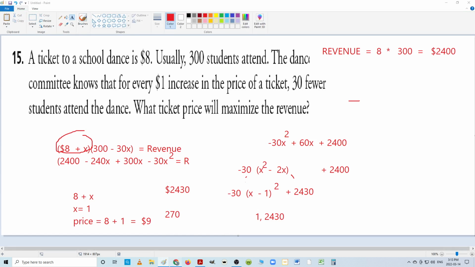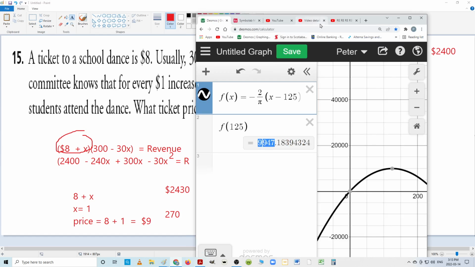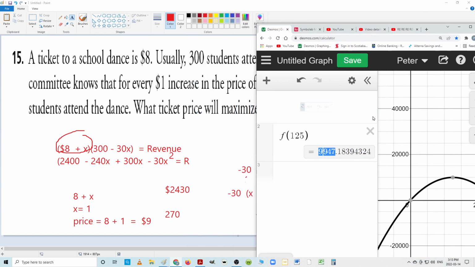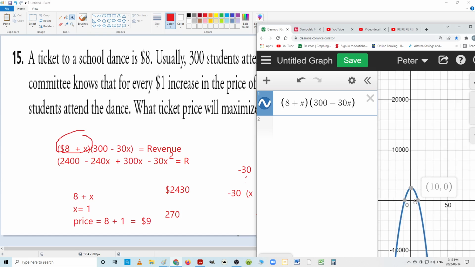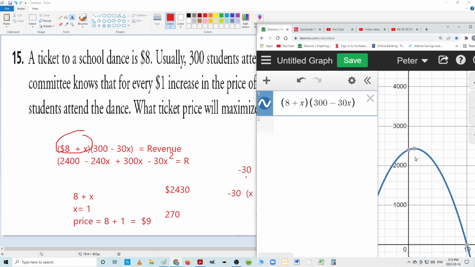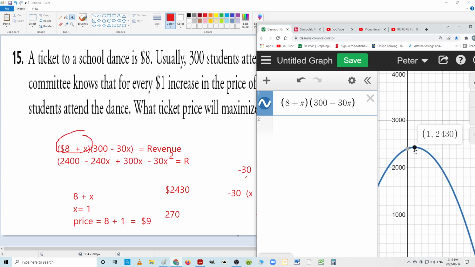Now what's interesting about this is when you put it into Desmos in the factored form that I came up with, 8 plus x, or rather the formula for changing things, you're going to get this parabola that has the exact max values that we just found.